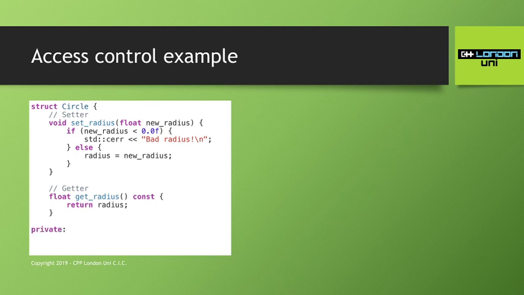And now here's the new bits. We've got the keyword private followed by a colon. And everything that follows from that is considered private to our circle class. In this case, we've only got one private member, and it's the radius.